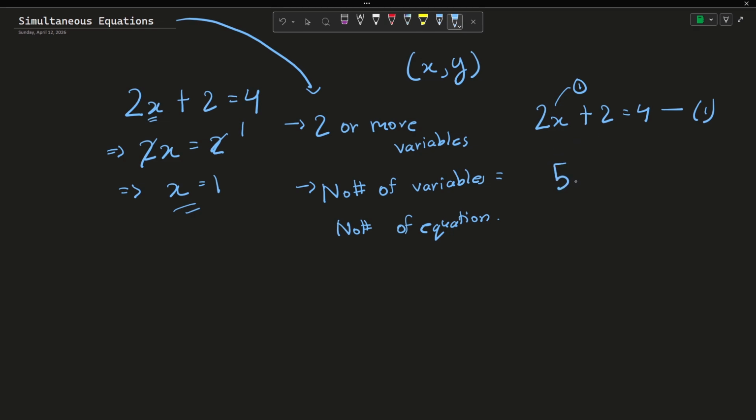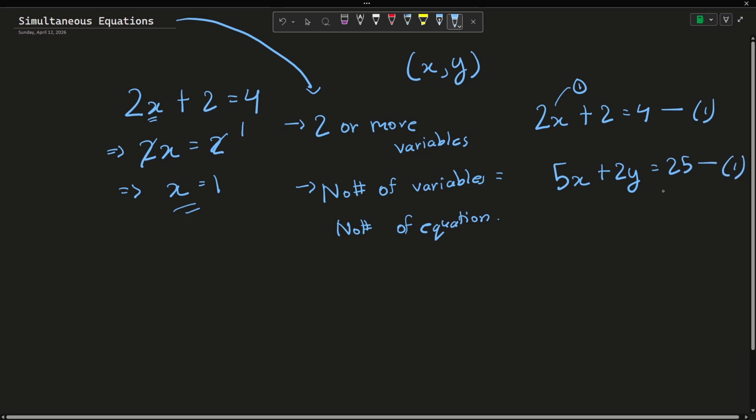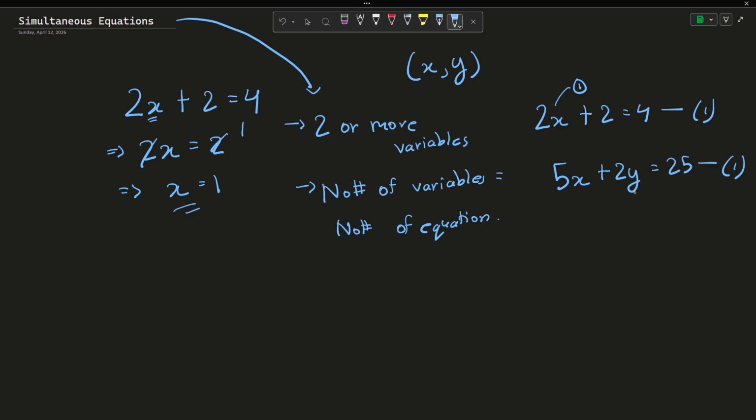But let's say we have an equation 5x + 2y = 25. Now in this case, and this is a simultaneous equation, we have two variables here, but our number of equations is only one. So this is practically not solvable as the number of variables is more than the number of equations. Now in this case, what simultaneous equations do is that we do not have a single equation.